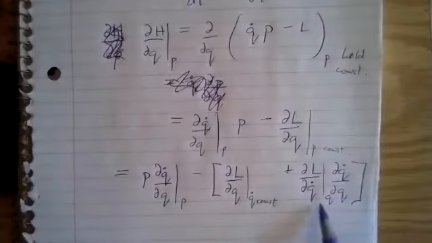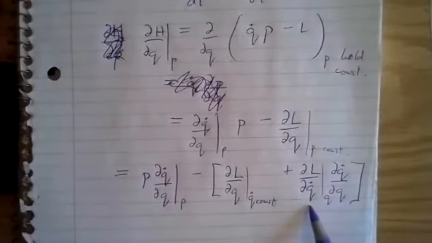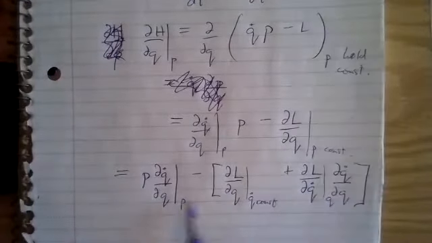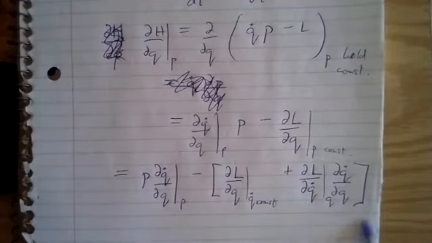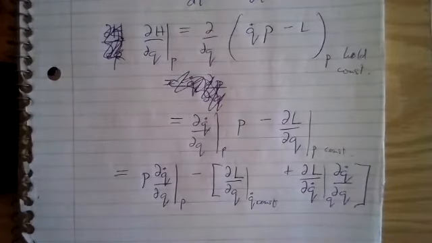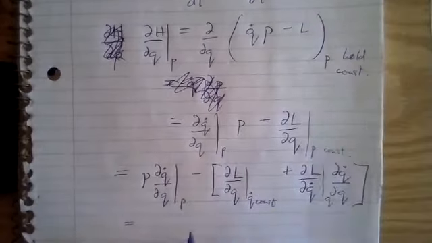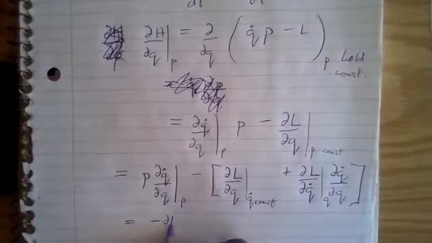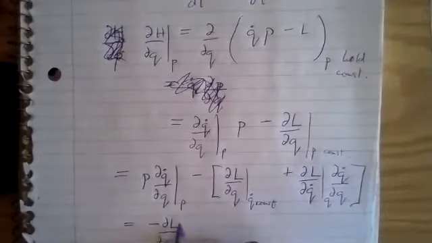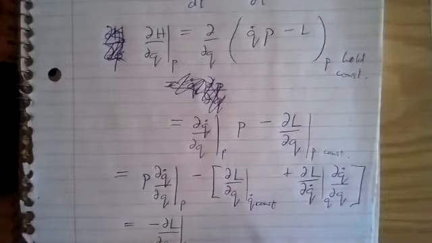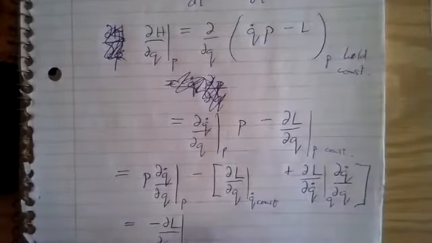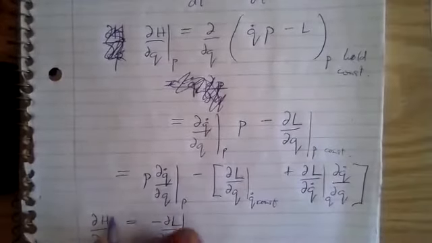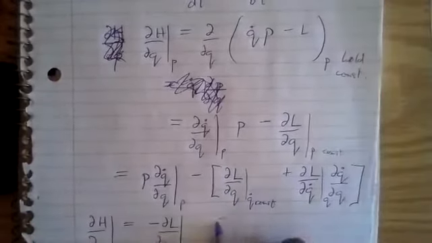All right, but partial L partial q dot is just p. So this first term is going to cancel with this third term. Okay. And we end up with just minus partial L partial q holding q dot constant. This is partial H partial q holding p constant.